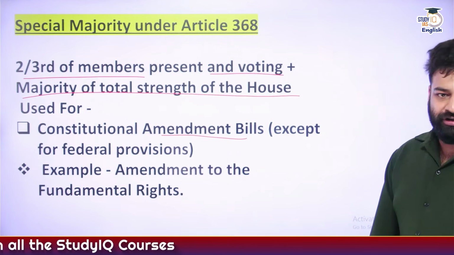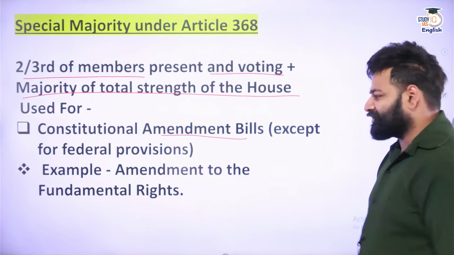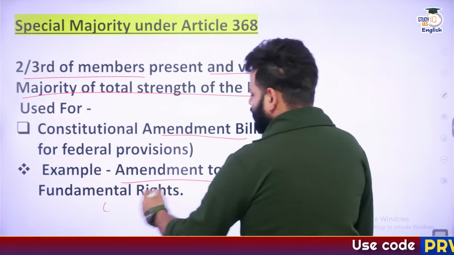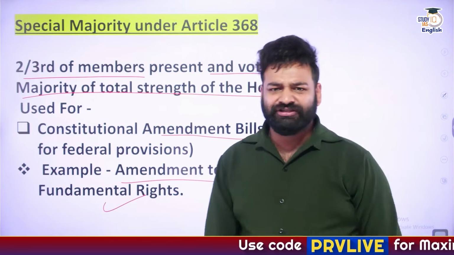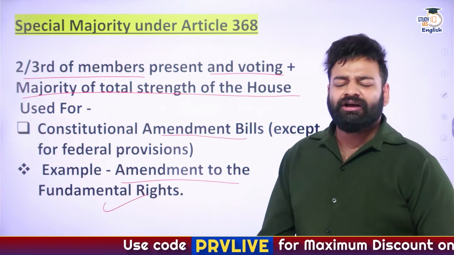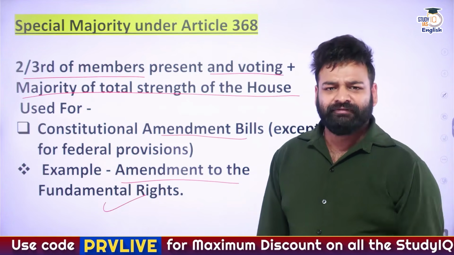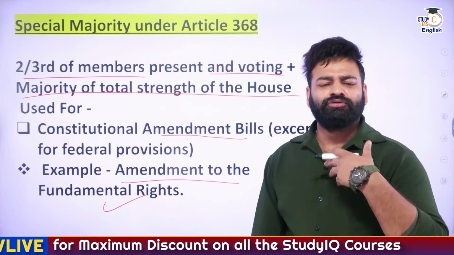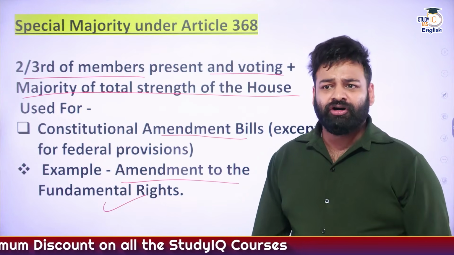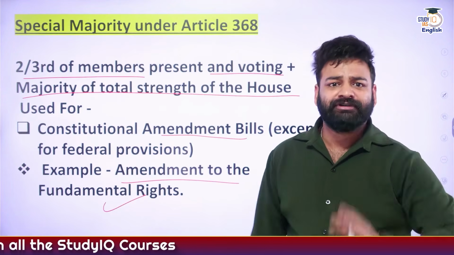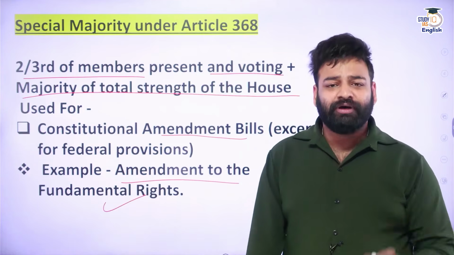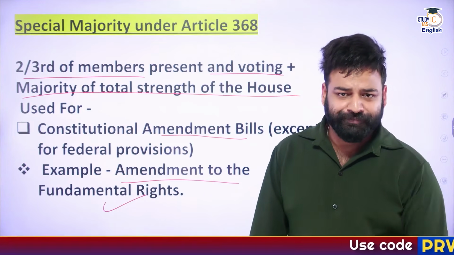Any particular amendment that is related to the Constitution, for example, fundamental rights, or any particular provision related to the President, or the government, or any scheme or policy. Anything that relates to the Constitution, right?